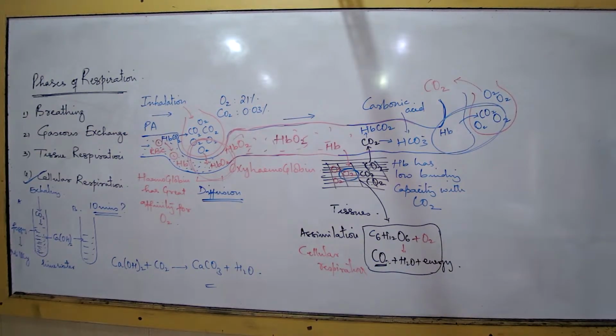Name the process and explain the type of nutrition found in green plants. Name the process: photosynthesis. Explain the type: autotrophic. That's fine, isn't it? Both of you are equally confused.